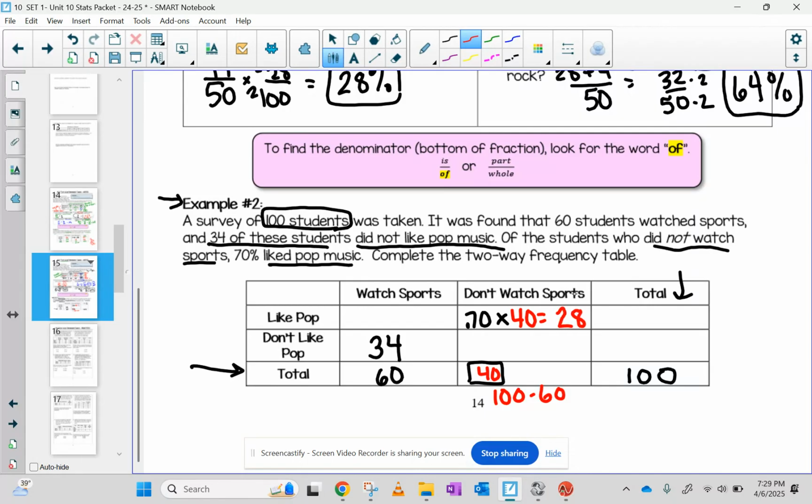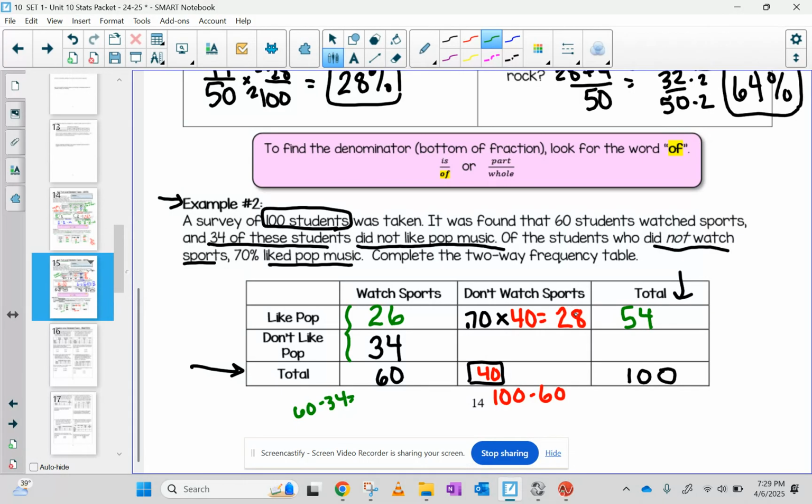Now I'm going to look around for what else I got here. These two numbers right here have to total 60. So this must be 26. If I just do 60, take away 34, that's 26. 26 and 28 together make 54.